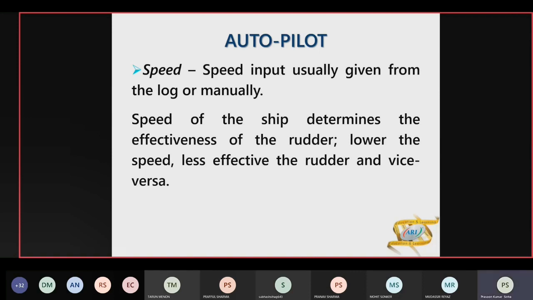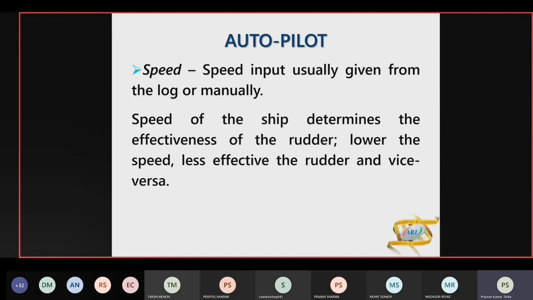So the common understanding that we know, okay, one thing, this is speed input. Which log it is coming from, Doppler log or EM log? Doppler. Okay, Doppler. Let me change the question, because the new batch, they have not done EM log or Doppler log separately.